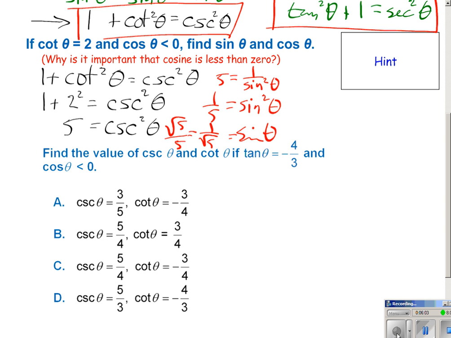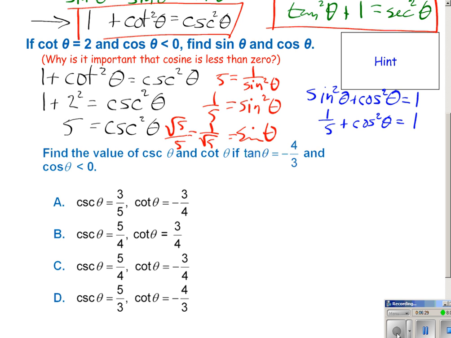To find cosine, we can now go to our original Pythagorean identity, that the sine squared of theta plus the cosine squared of theta is equal to 1. Since sine is 1 over square root of 5, sine squared is 1/5, plus cosine squared of theta is 1.